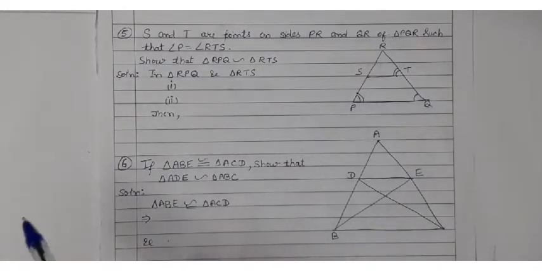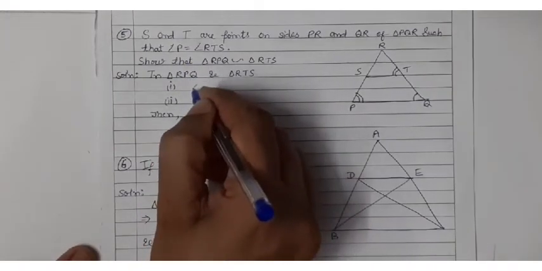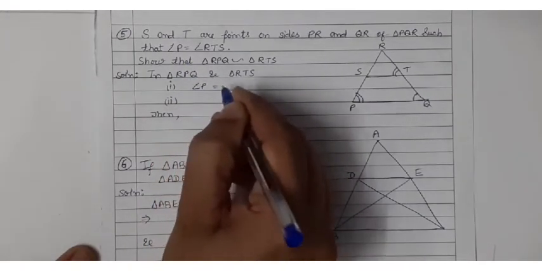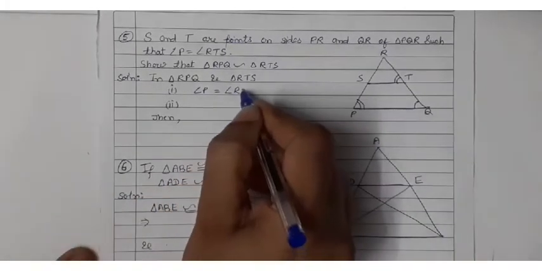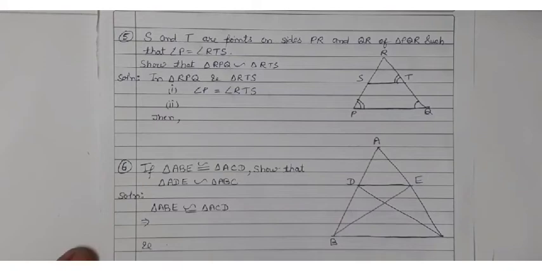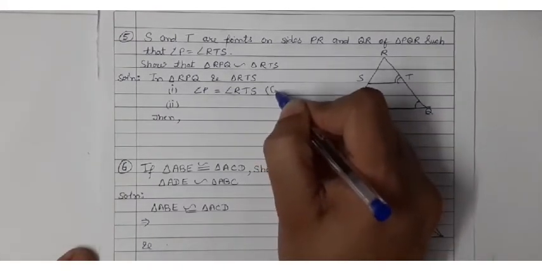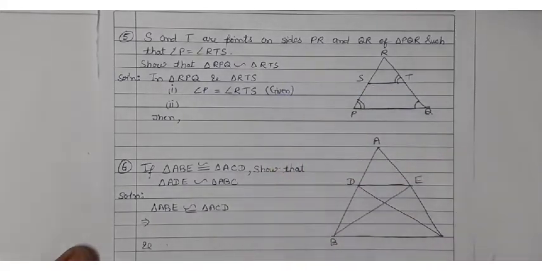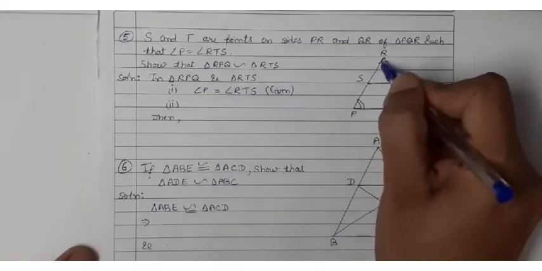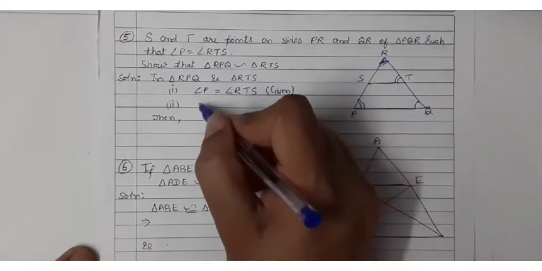Okay, now come on, what is given to you? First thing is given, angle P is equal to angle RTS. Okay, this is given to you. And what is the second? Angle R is common. This angle is common here. So what you can write?